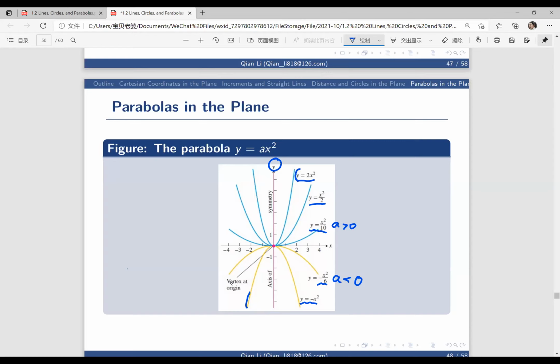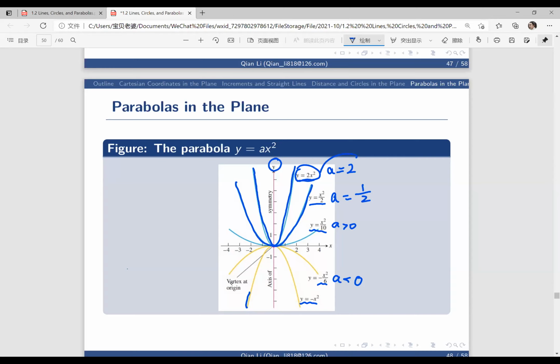this parabola y is equal to 2x squared. So a is equal to 2, right? And let's say this is y is equal to 2x squared. And then for this parabola, y is equal to x squared over 2. So a is equal to 1 over 2, right?